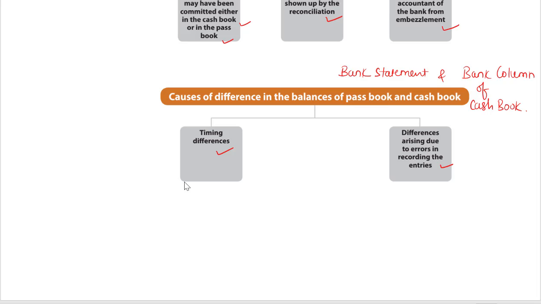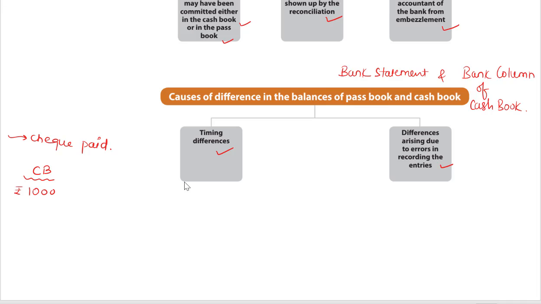Supposing you had given a check to somebody. That means check paid. So basically in your book, that is the cash book, you had paid a check of 1000.